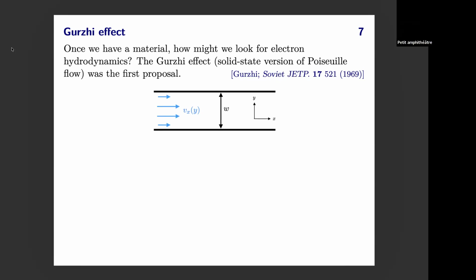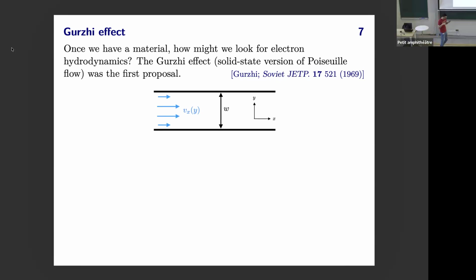But in the electronic setting, the length scales, for example in graphene, are usually microns. Time scales are gigahertz, maybe even terahertz, depending on the fluid dynamics you're looking for. So it's not as easy as dropping some dye and watching where it moves to get a sense of the velocity field.